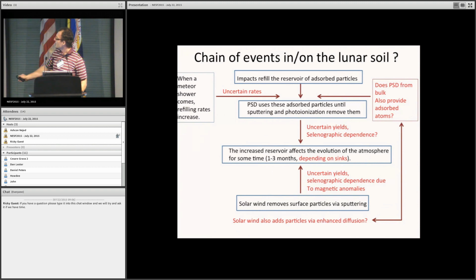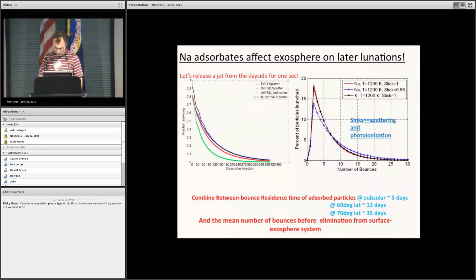And in red, I identify here all the uncertainty. We have uncertain rates, for example, for the meteor showers, as well as the sporadic vapor production. We have uncertain yields for photostimulated desorption. We certainly have selenographic dependence of the solar wind parameters because they're modified by magnetic anomalies.